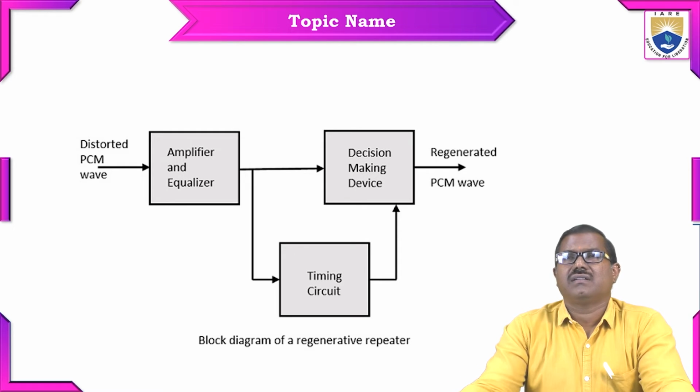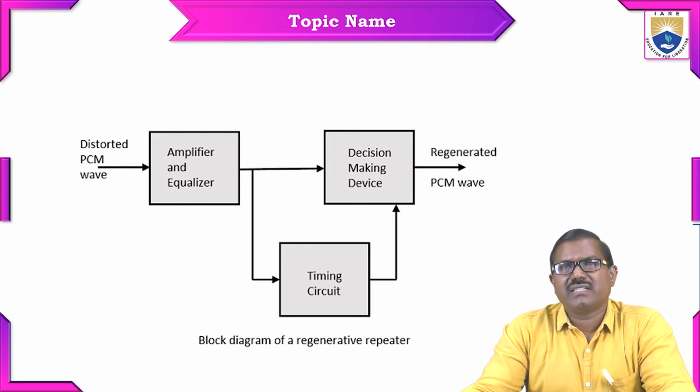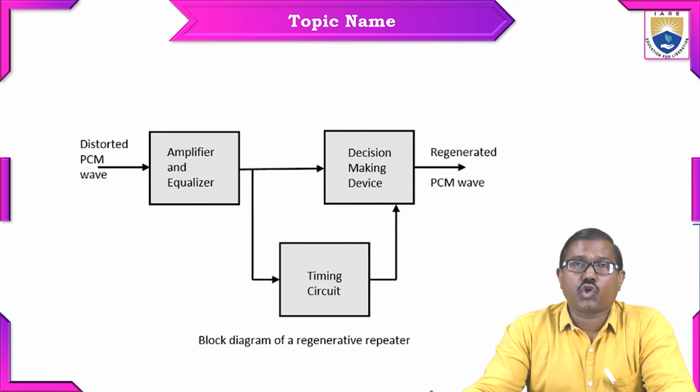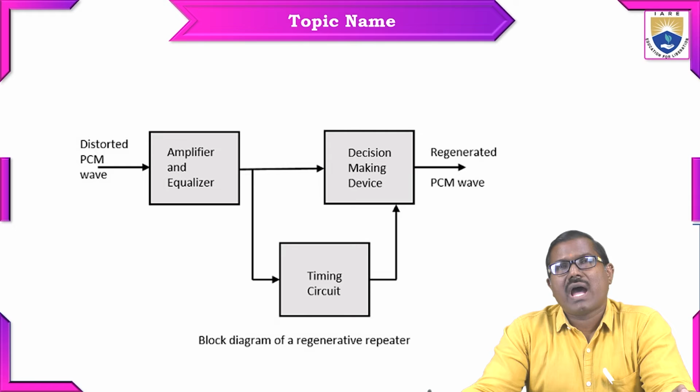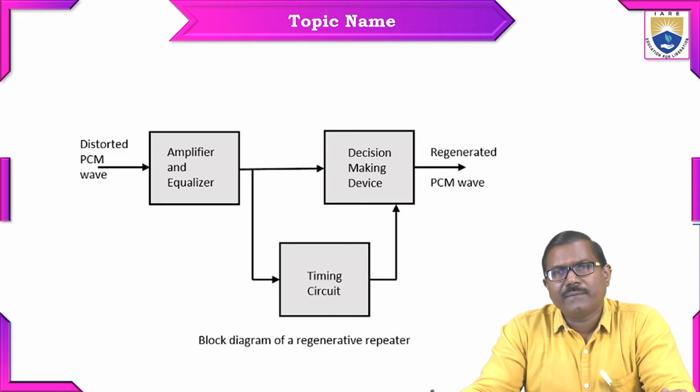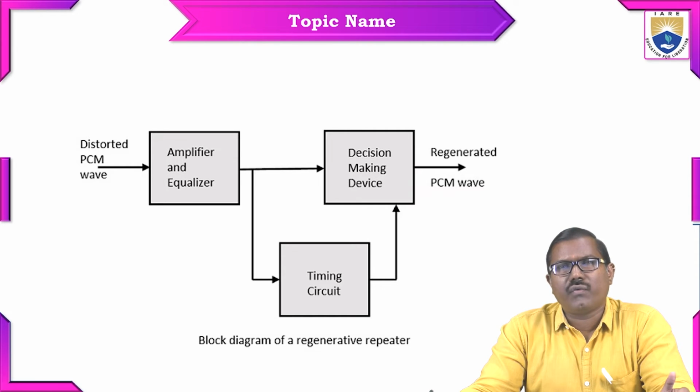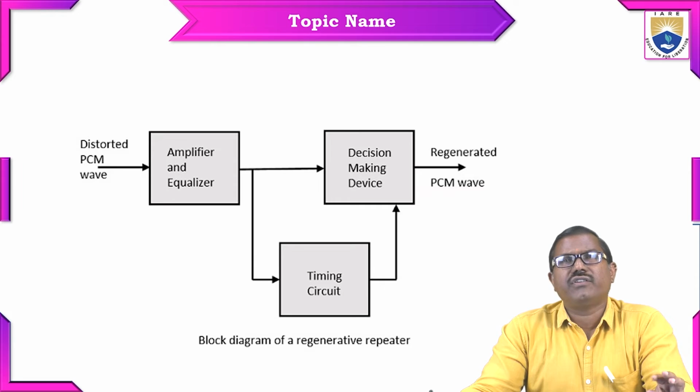This is a block diagram of a regenerative repeater, having an amplifier and equalizer. The input to this amplifier and equalizer is a distorted PCM wave. Distorted PCM means this PCM wave enters into the channel, noise will add, and whenever the noise adds, it is going to distort it.